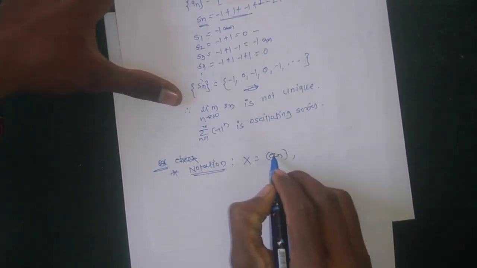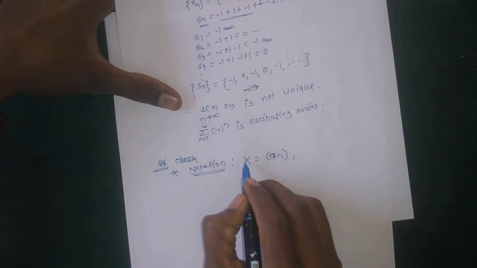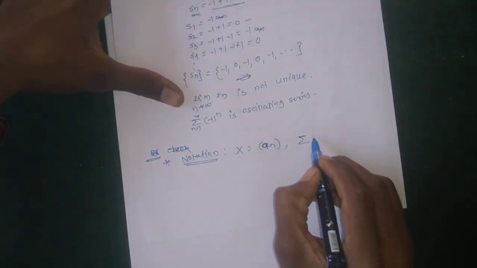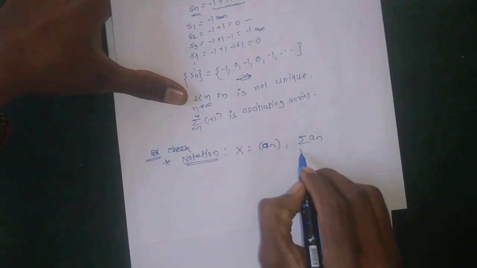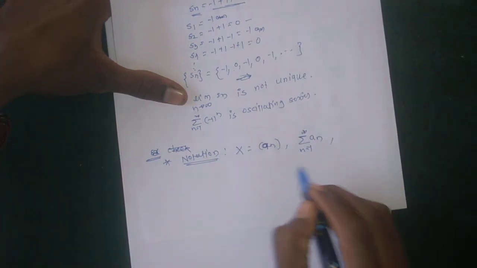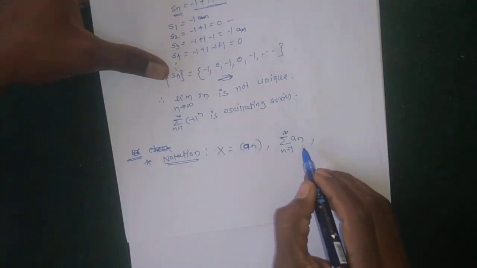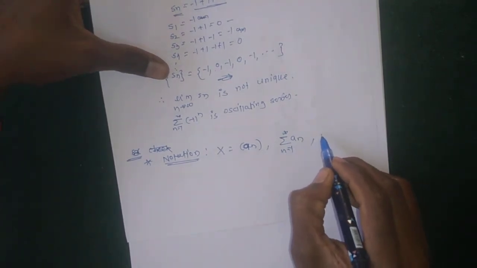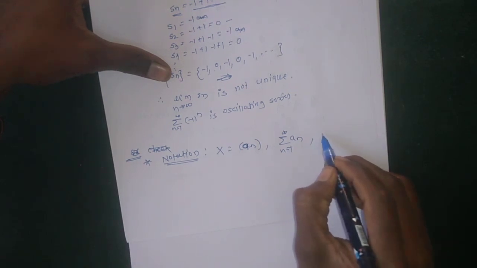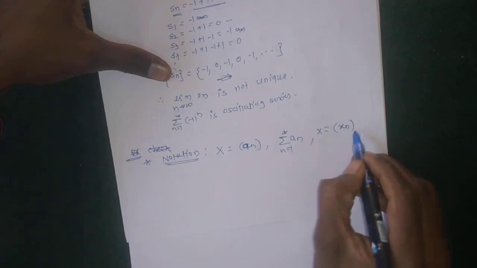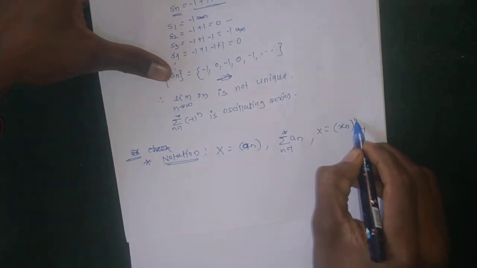Suppose the series an, where n runs from 1 to infinity. This is one notation of the given series. Another notation is x is equal to xn, where n runs from 1 to infinity.